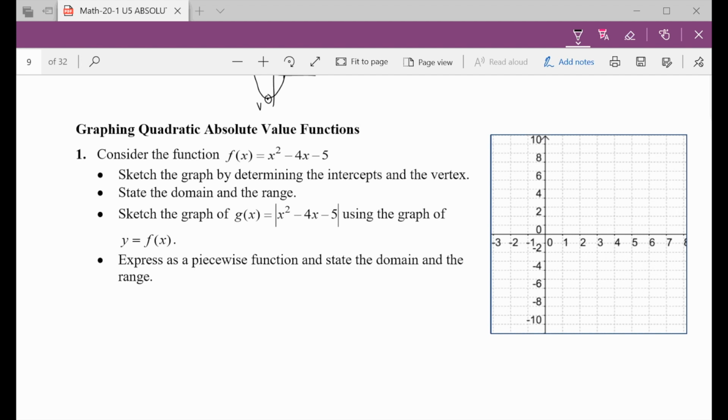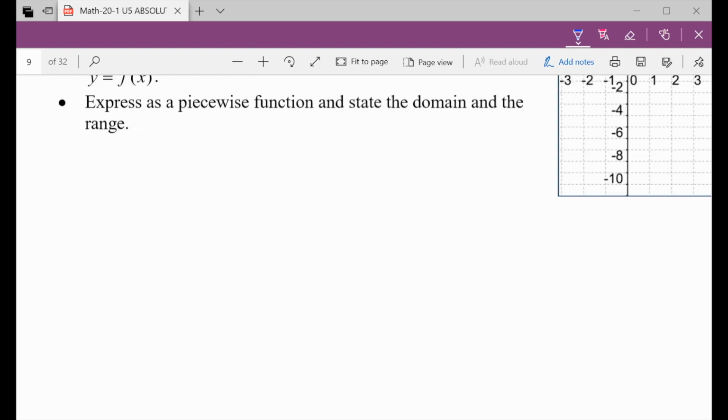I think the first step we should do is to complete the square and get some information that would allow us to graph it. So we're given f(x) = x² − 4x − 5, and we're going to start completing the square. So first step would be to isolate the x² coefficients.